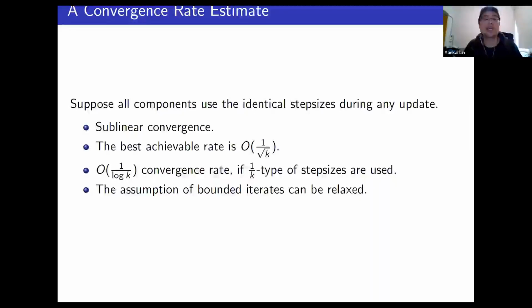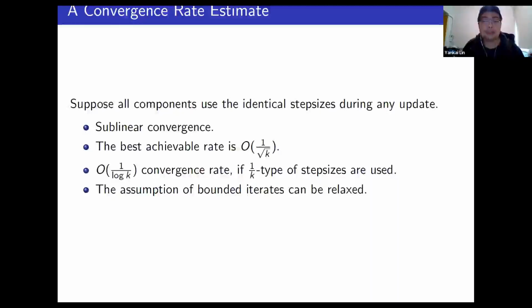That's standard in convex optimization literature. And since we're using diminishing step sizes for general concave functions without Lipschitz continuous supergradient, we may only get a sublinear convergence rate. And if you're interested in accelerating the algorithm, you can make some additional assumptions.